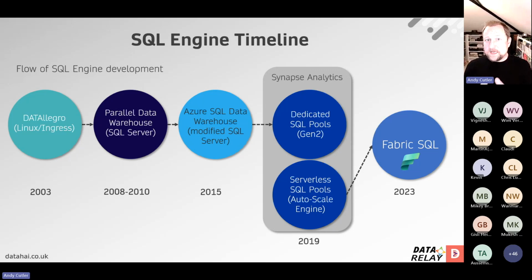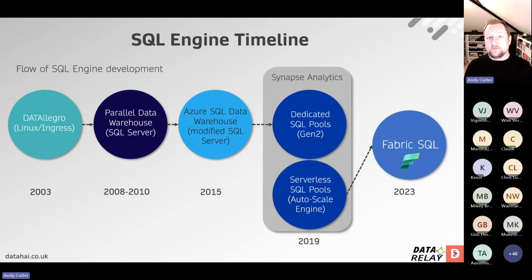With Fabric SQL, what we have now is more based on that Serverless SQL Pools engine. So both the warehouse service within Fabric, which is a SQL-based service, and the SQL endpoint within the lakehouse, it's all running on this single SQL engine, which abstracts away the control.